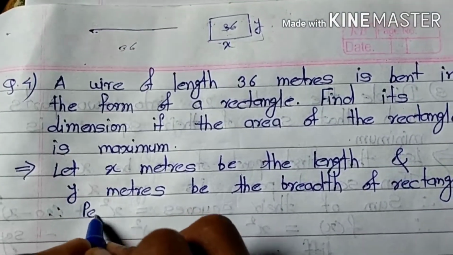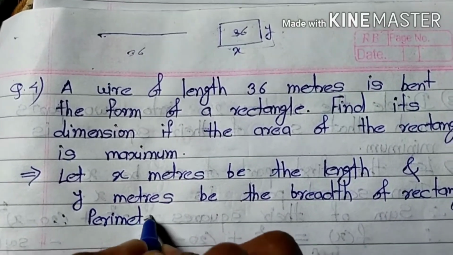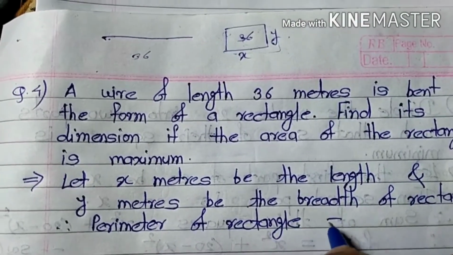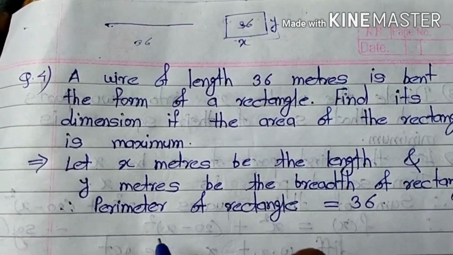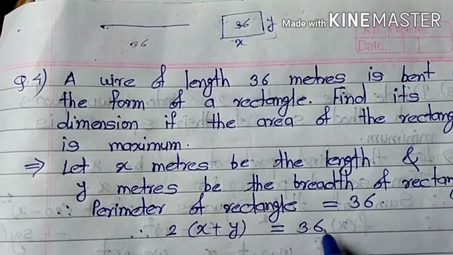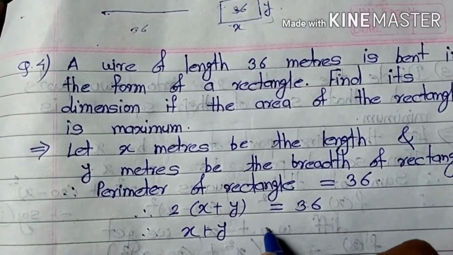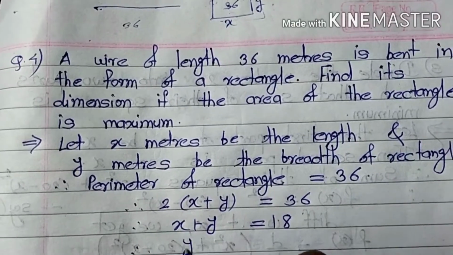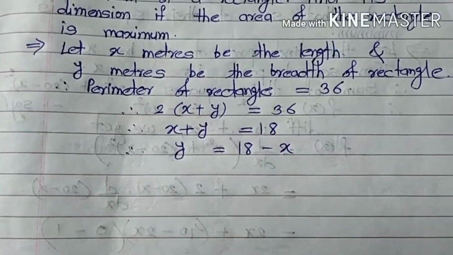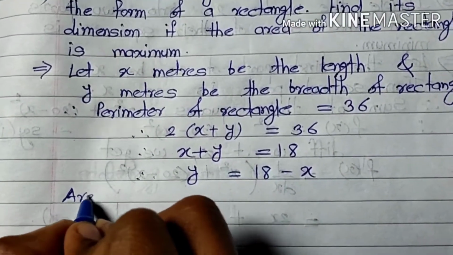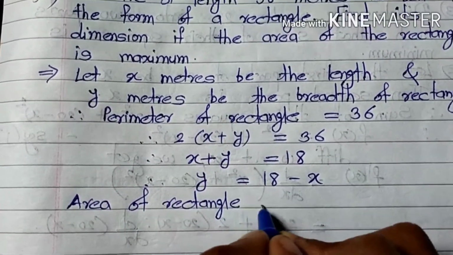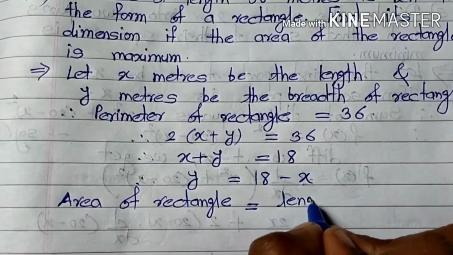Therefore, perimeter of rectangle equal to 36, and formula of perimeter is 2 into x plus y is equal to 36. Therefore, x plus y is equal to 18. Therefore, y is equal to 18 minus x. We have to use the value of y. Now next, area of rectangle is equal to length into breadth.